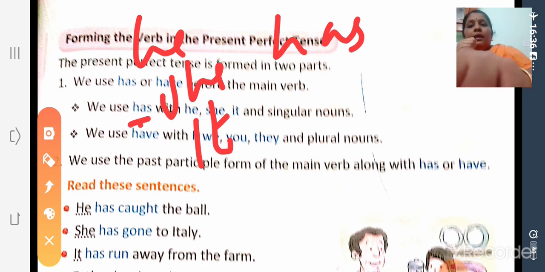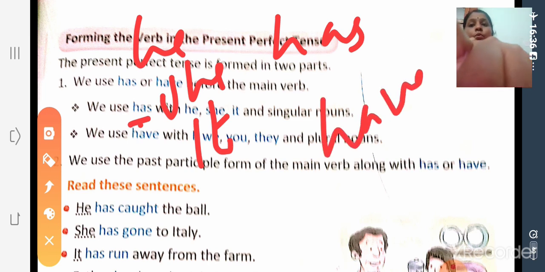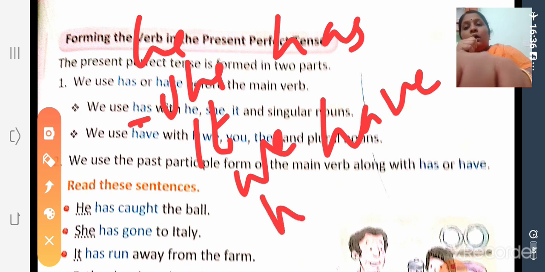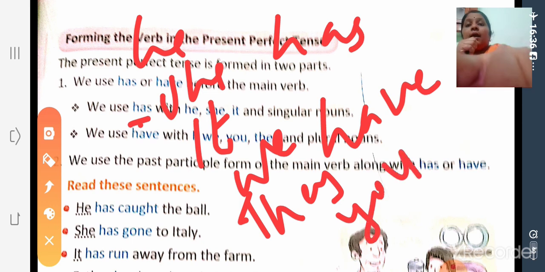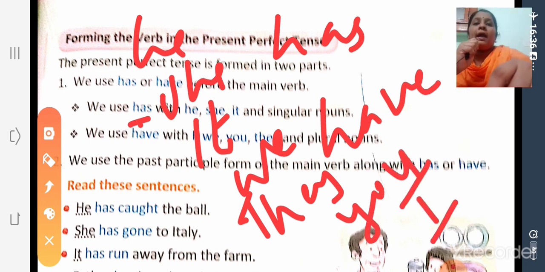Okay. And have along with plural nouns and pronouns, we use we, they, you. And I also, we use have with I have. I has ennu paraarilla, I have. Okay, you have, you has ennu paraarilla. Then we have, they have.